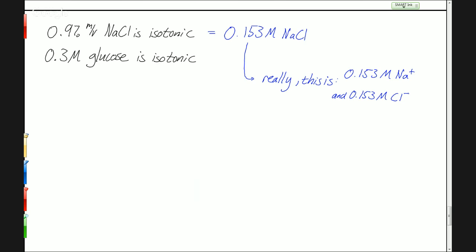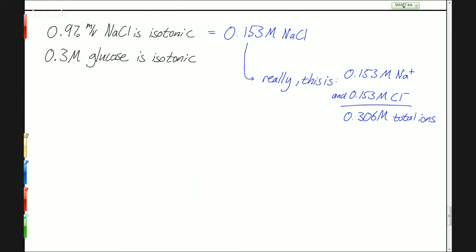When we say 0.153 M NaCl, that's just a shorthand to say that we started with the solid NaCl and we put it in solution. But in solution, that sodium and the chloride really have nothing to do with each other. They're totally separate ions. So we have a certain amount of sodium ions, a certain amount of chloride ions. If we add those together, we have about 0.3 molar in total particles.